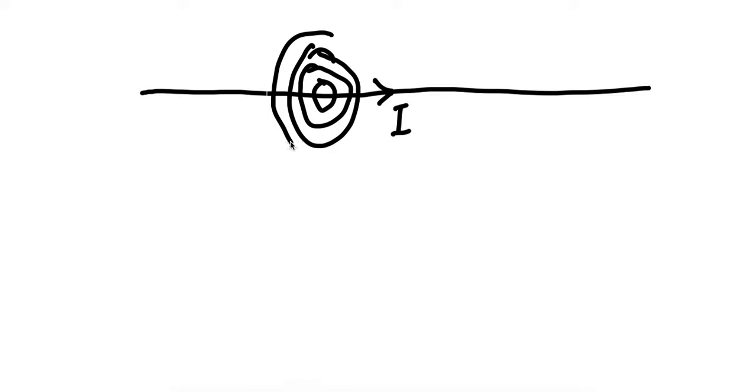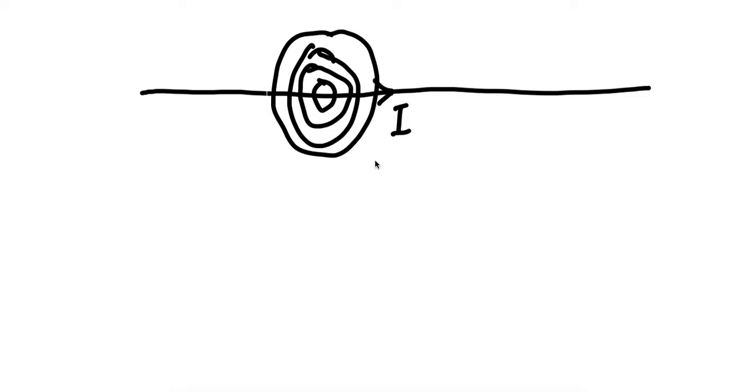So if we have, let's call it a current carrying wire, is probably the simplest way to think about it, which is going in this direction and which is carrying a current in that direction of I amperes, then the field around it will be cylindrical. So if I draw the field lines, they'll be continually getting larger cylindrical field lines.